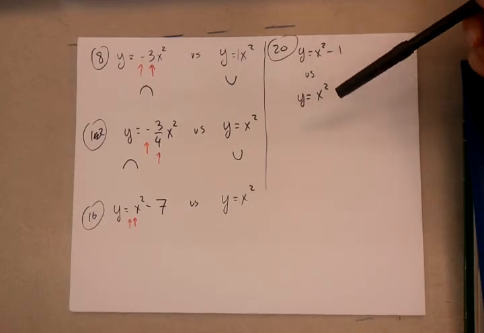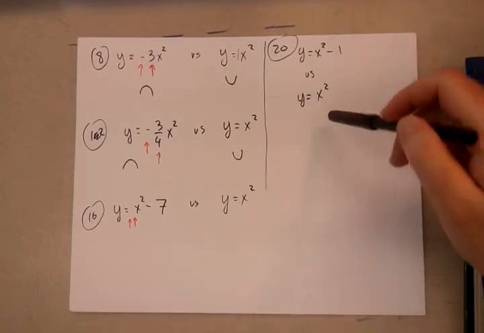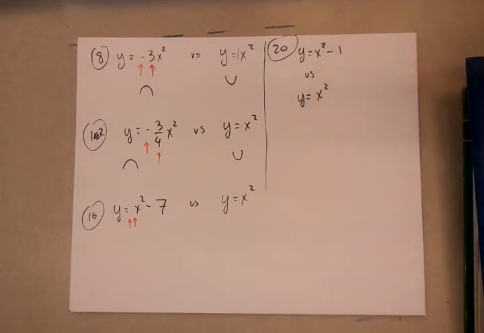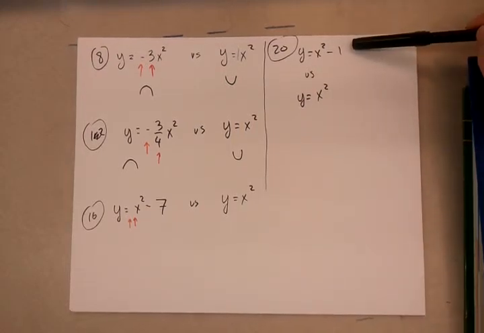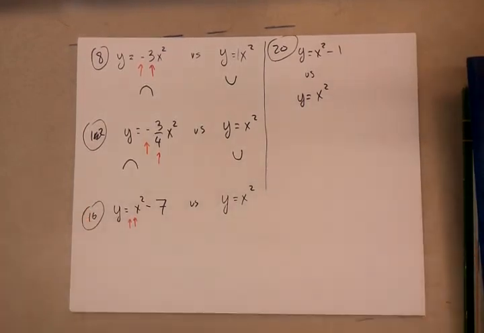It's positive, so the parabola is no wider or narrower. It's the same width as our baseline. They're both pointing the same direction. They're positive, so they're both pointing up. They both have a smiley face. And the only difference is we got this minus 1. That means that in this parabola, the vertex is shifted downwards 1 unit. So the vertex literally moves down on the graph by a single unit. And that's all you write down for number 20.